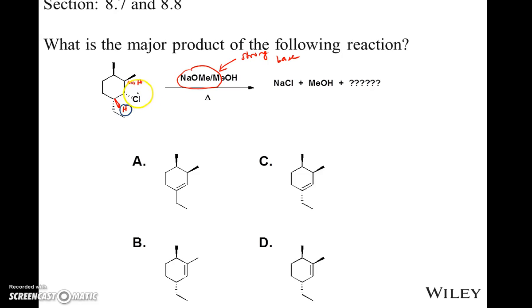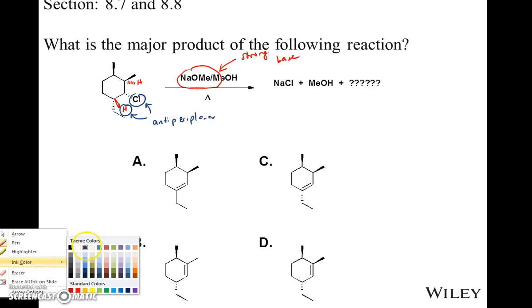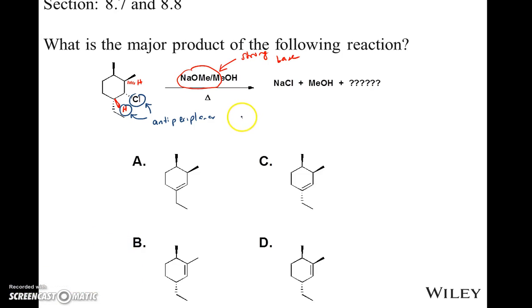Because these two are anti-periplanar. You're going to have it like this. So double bond like that. And that's why it's going to be A.